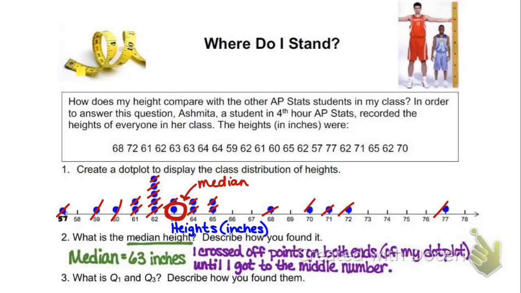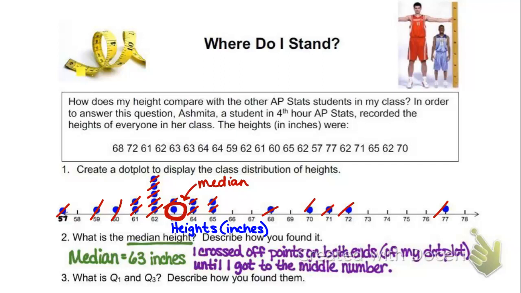Everything to the left of the median. So I'm looking at this tall bar of dots and everything to the left of that. I'm going to find the middle there.